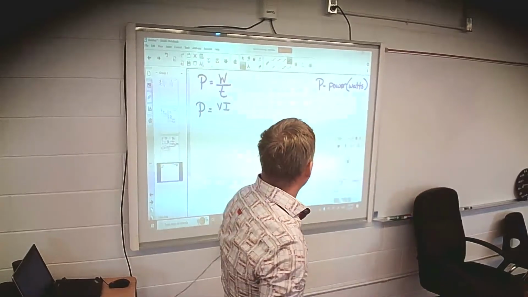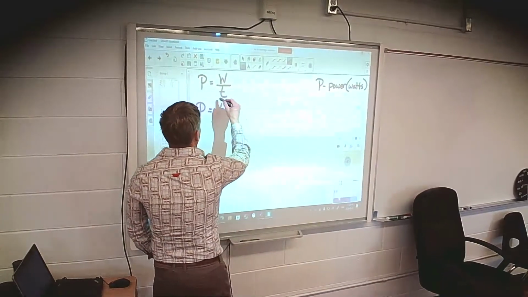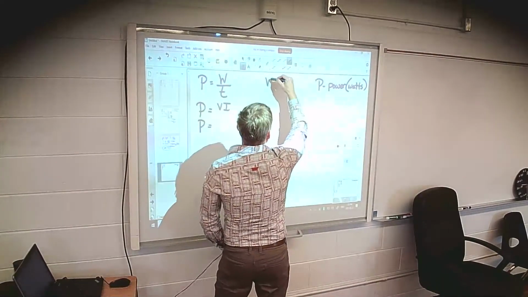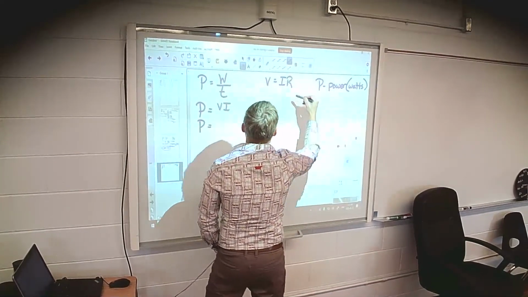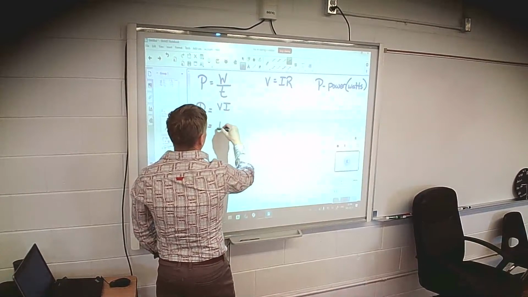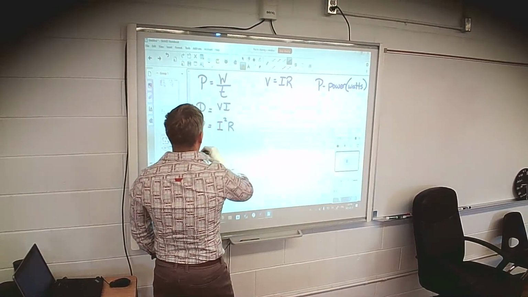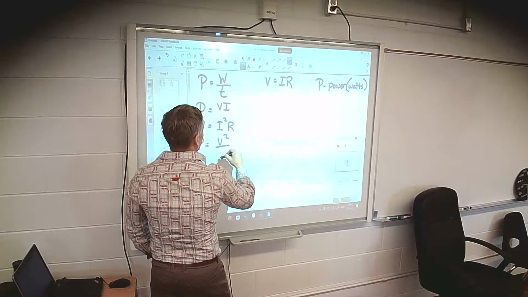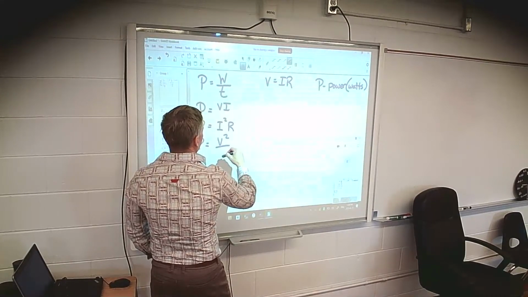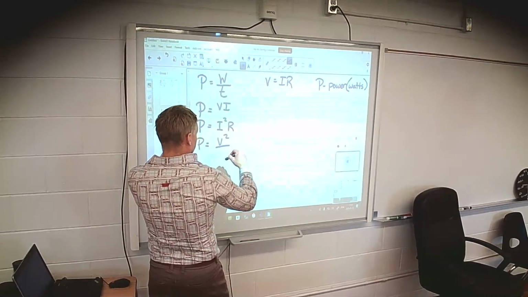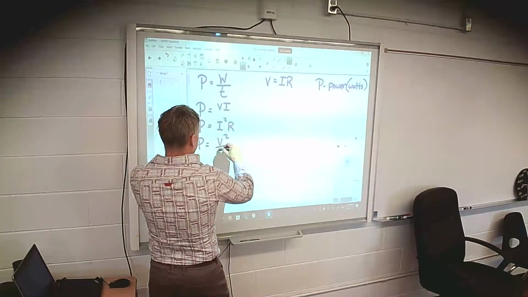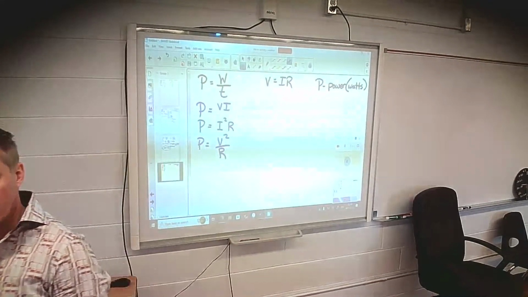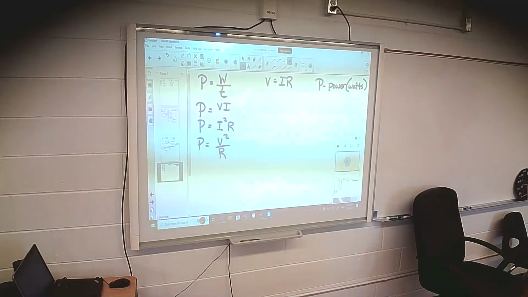So now, if I again use Ohm's law, if I don't know V, this becomes I squared R, or V squared over, what is that? I would be V over R, so it'd be V squared over R. So there's your three power equations. Those are your three power equations.